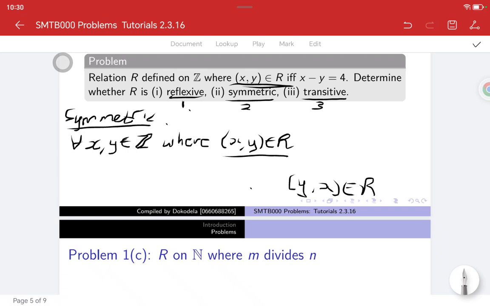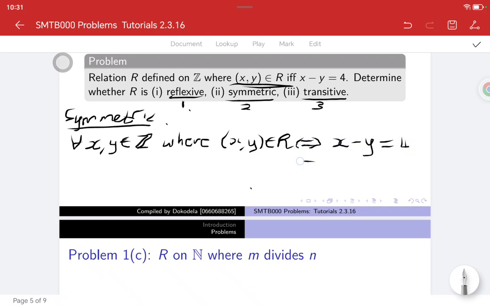In other words, you must move from here to arrive here. What we're given from the definition is that this is true if and only if x minus y is equal to 4.